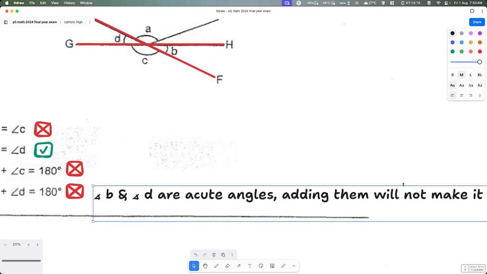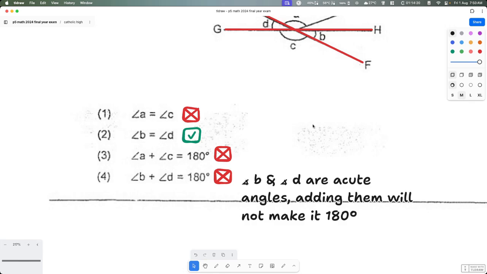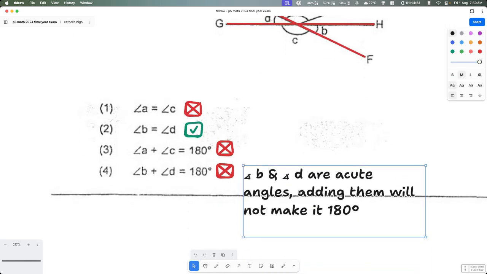That's what I see over here. So B and D are acute angles, and they will not make 180.